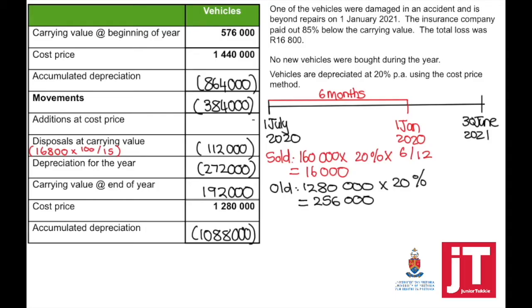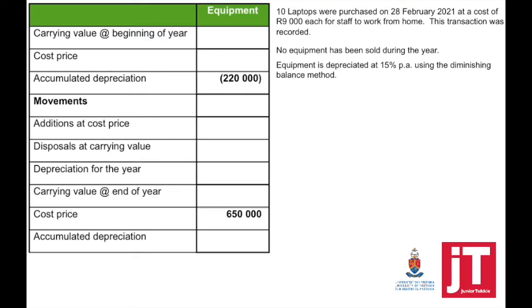If we look at equipment, 10 laptops were purchased on 28 February 2021 at a cost of 9,000 each for staff to work from home. This transaction was recorded. No equipment has been sold during the year. Equipment is depreciated at 15% per annum using the diminishing balance method.